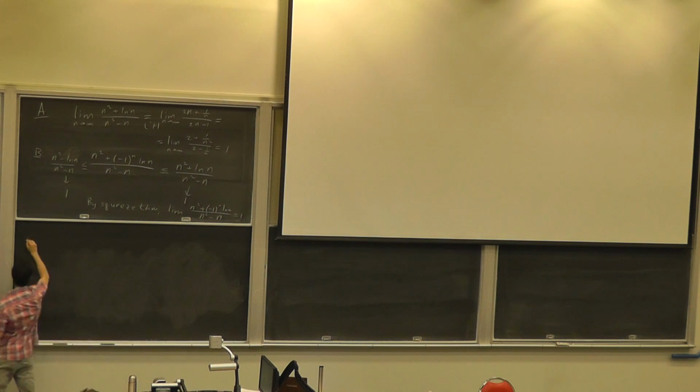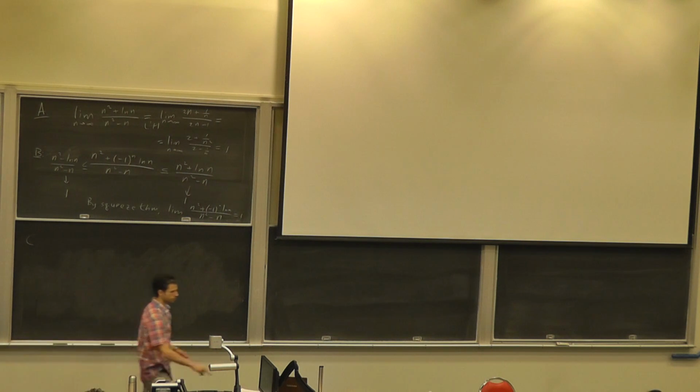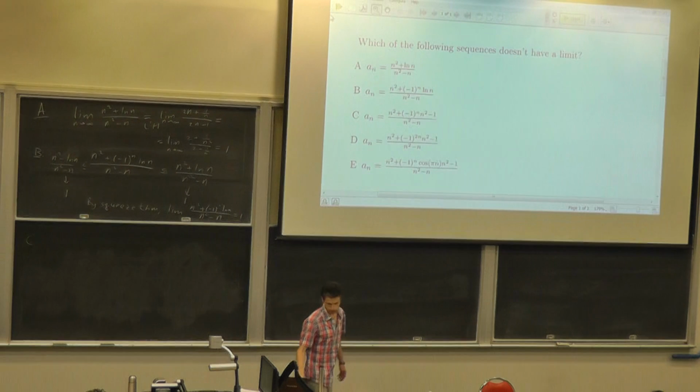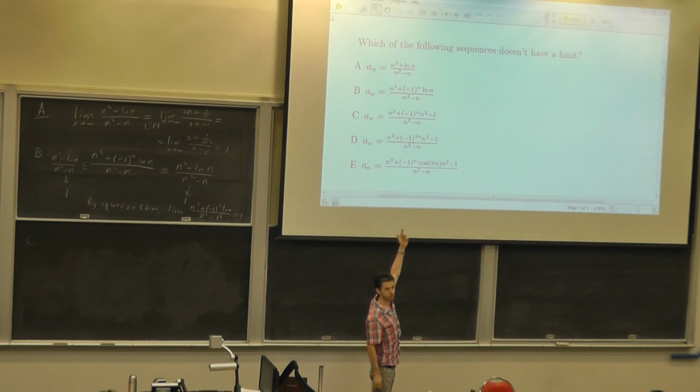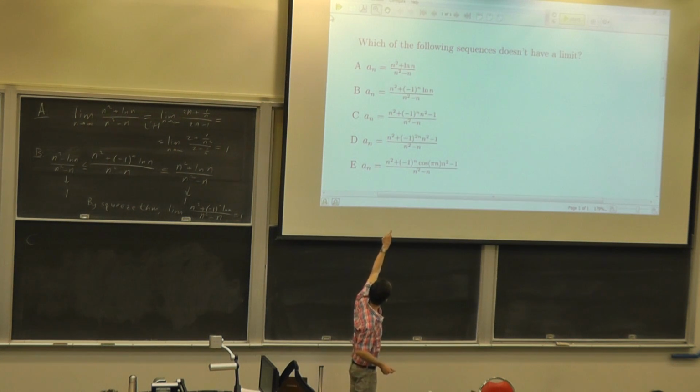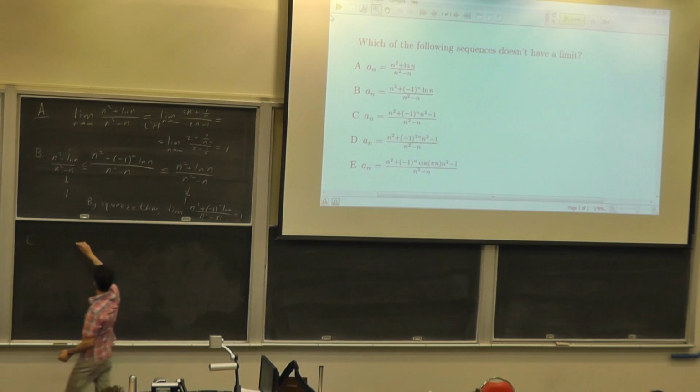So for C, the logic of this theorem would not work. The reason is because, well, if you try to bound this numerator between two things, n squared plus minus 1 to the power n is about n squared. So this theorem doesn't work.